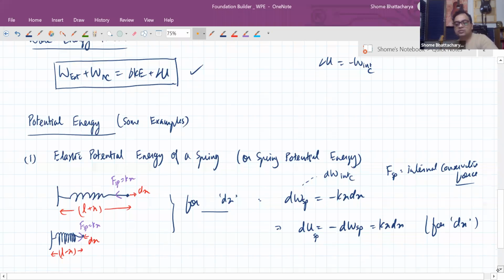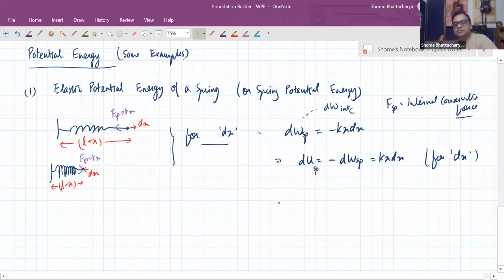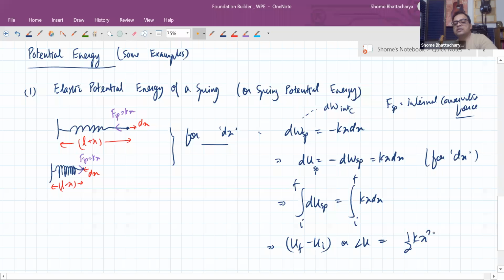So overall, the change in potential energy, we integrate this from whatever initial state to whatever final state, that is equal to kx dx, integrated from the initial state to the final state. So final minus initial potential energy, which is nothing but the change in potential energy, delta U, becomes equal to half k x square integrated from the initial value of x to the final value of x.